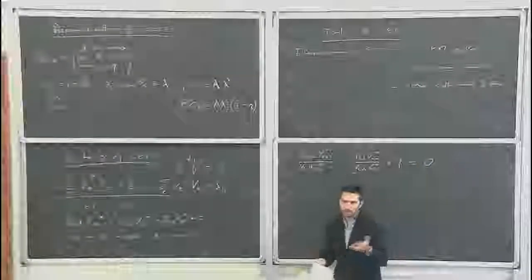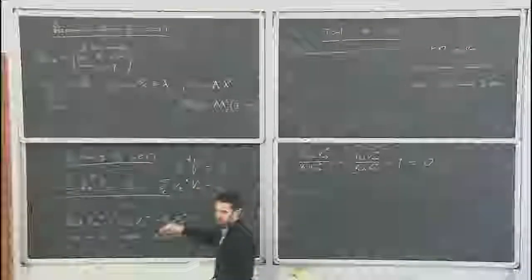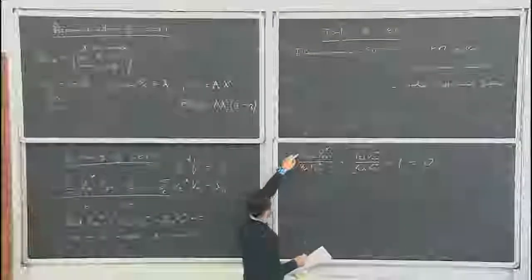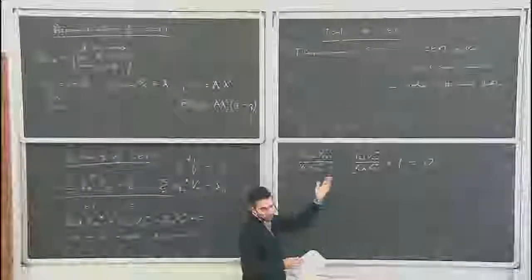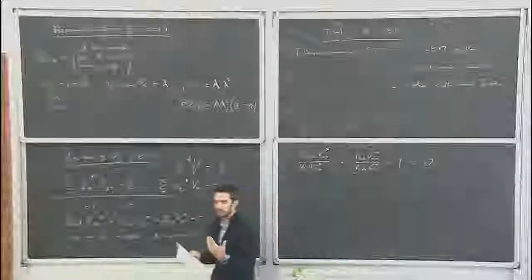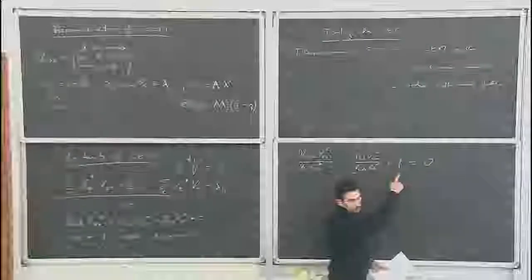In this way, we've completely removed the dependence on lambda, because all the terms are of order lambda cubed. So when we divide by one of the terms, all of the terms become order 1. Okay, so now we are comparing 3 complex numbers of order 1, one of them being just 1.